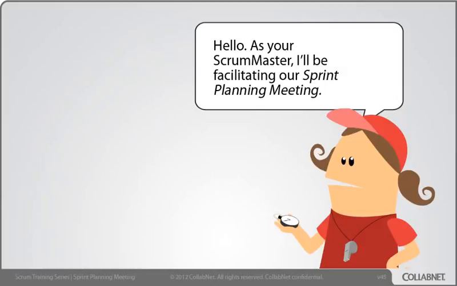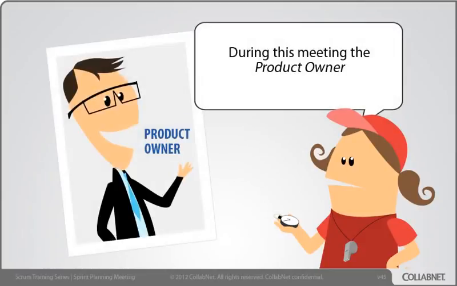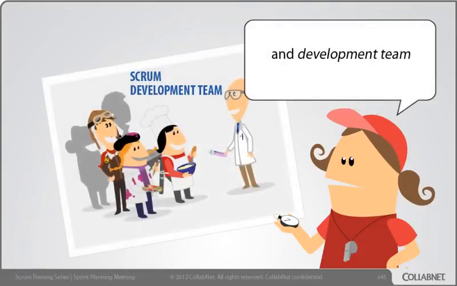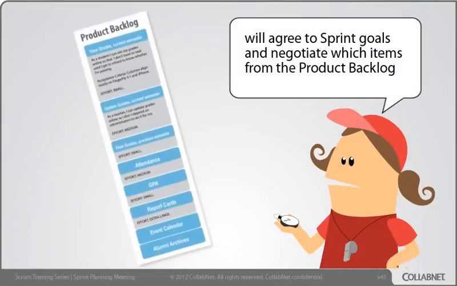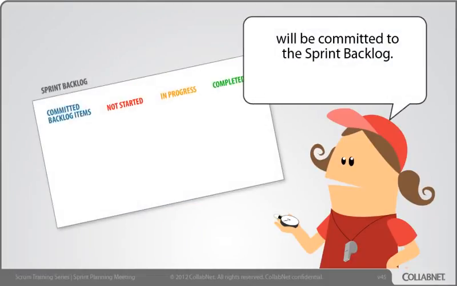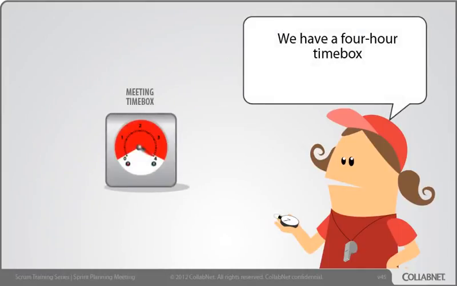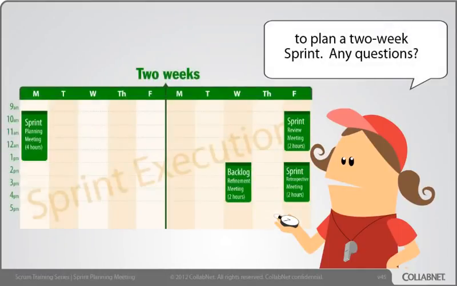Hello, as your Scrum Master, I'll be facilitating our sprint planning meeting. During this meeting, the product owner and development team will agree to sprint goals and negotiate which items from the product backlog will be committed to the sprint backlog. We have a 4-hour time box to plan a 2-week sprint.